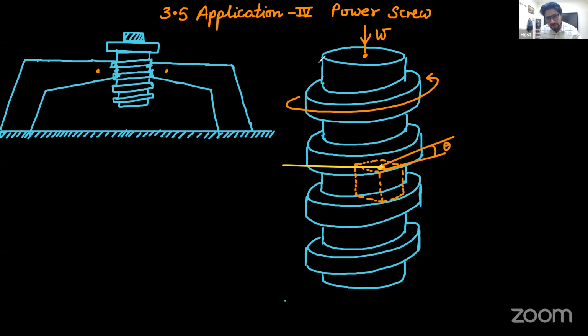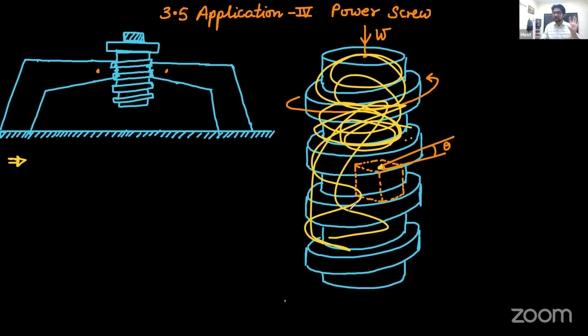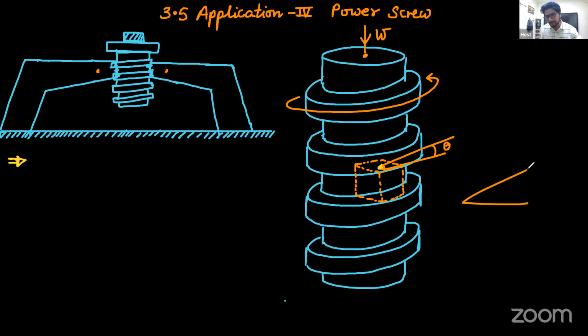Can you please tell me, exactly at the mid of the inclined plane, how much force you need to apply to move this blue screw block? I say it again, that internal thread is like an inclined plane of angle theta, and the screw is like the block kept over it.